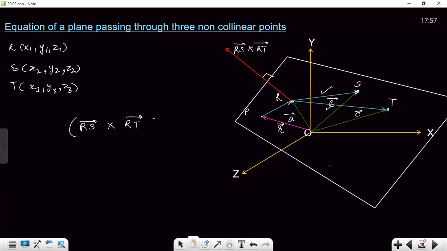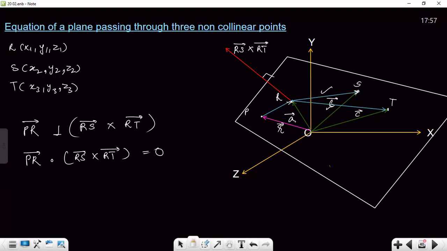So RS vector cross RT vector will be perpendicular to the remaining vectors on the plane, right? It will be perpendicular to PR vector as well. If we know that two vectors are perpendicular, then their dot product will be 0. Now, let's substitute.